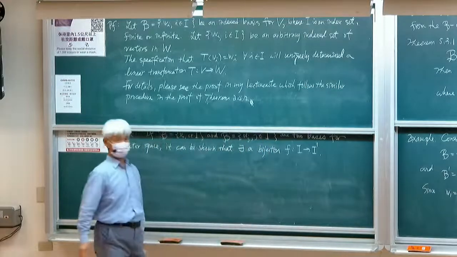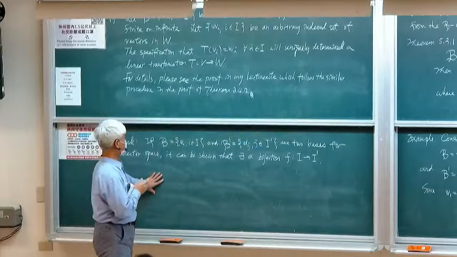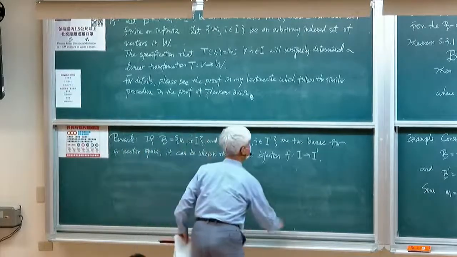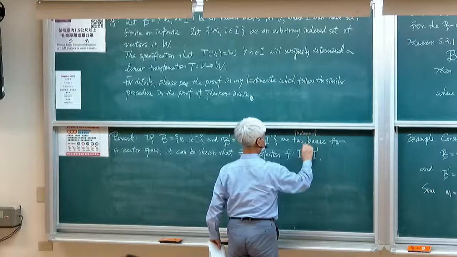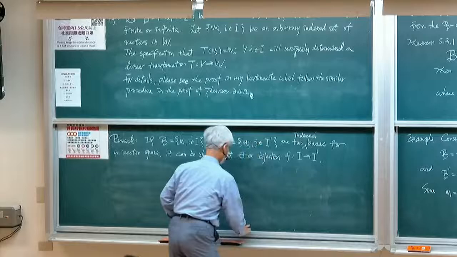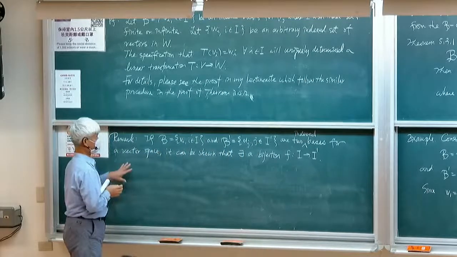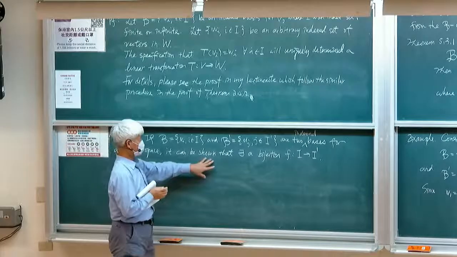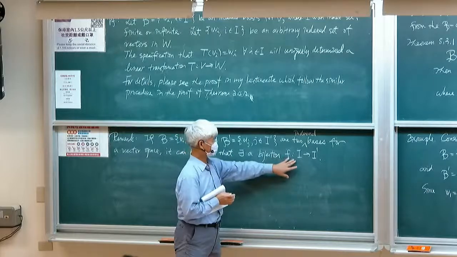So basically, I and I prime, if we have two indexed bases for the same vector space, then it can be shown that there is a bijection F from I to I prime.